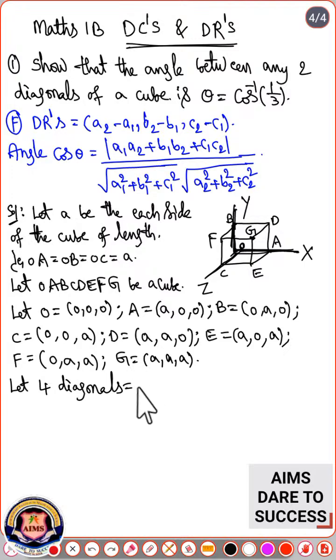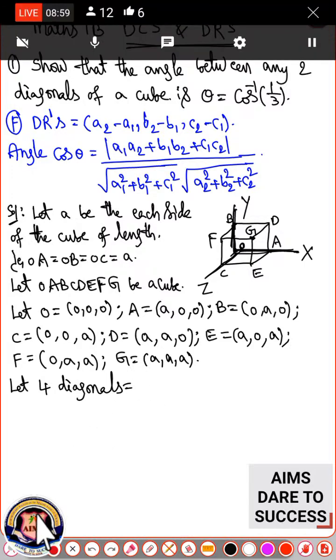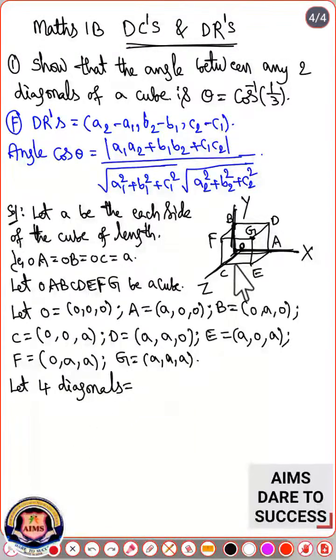So here also I can explain you logically. Four diagonals like this: O, a little bit gap A, a little bit gap B, a little bit gap C. From here, O, A, B, C. Okay, starting 4 values.